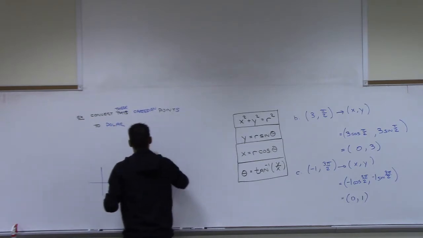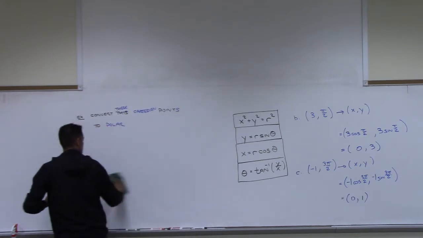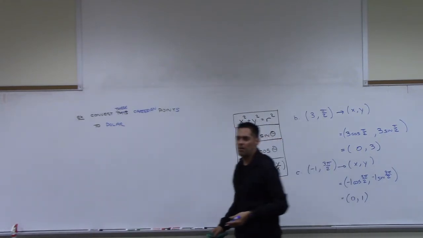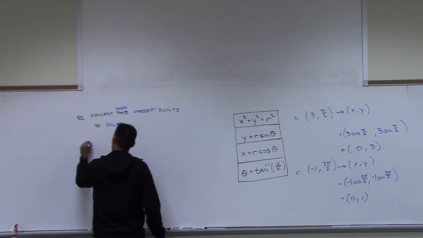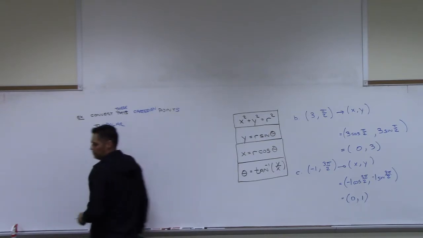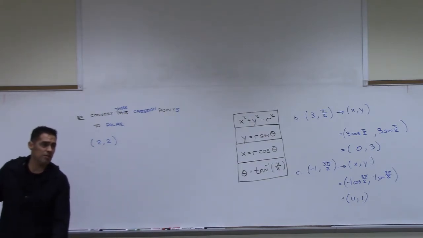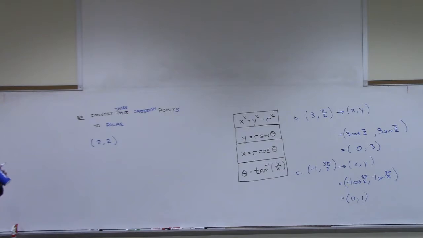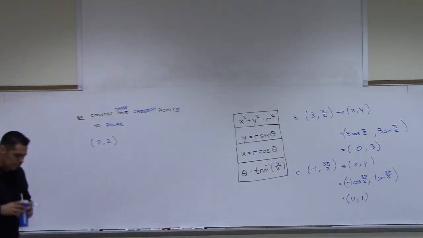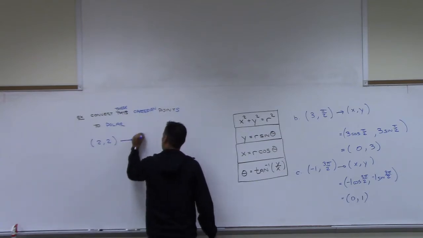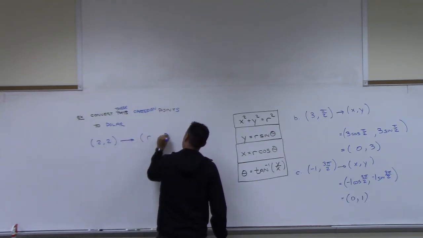All right. And I'd like for you, well, I'm going to ask you to provide me some points, but let me start this off, all right? How about this one? How about the point 2, 2? So that's a Cartesian point. That means go out 2, up 2, right? Well, to go to polar, it needs to go to r theta, doesn't it?